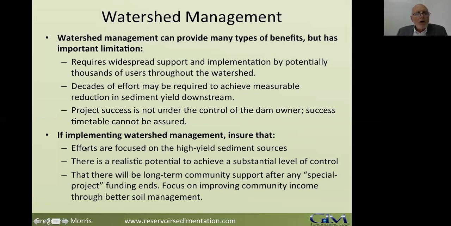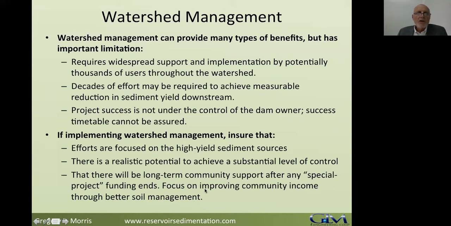Now, if you are implementing watershed management, ensure that the efforts are focused on the high yield sources, that there's a realistic potential to achieve a substantial level of control, and that there will be long-term community support after any special project funding ends.